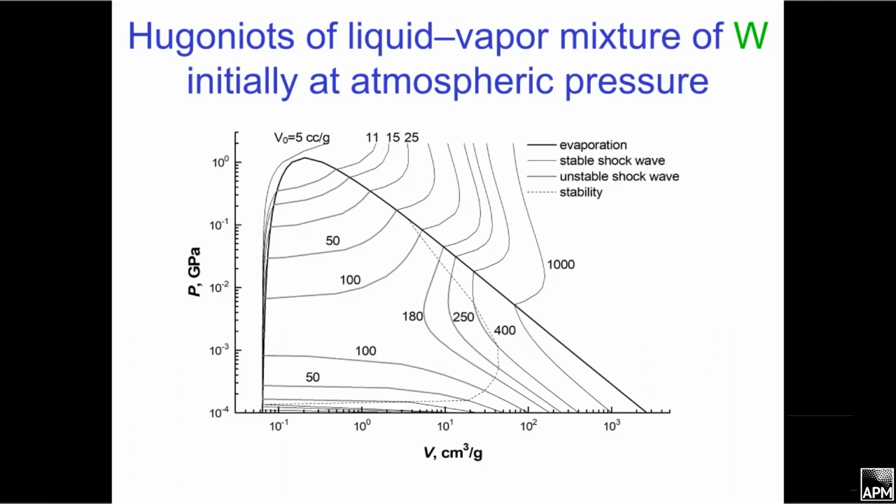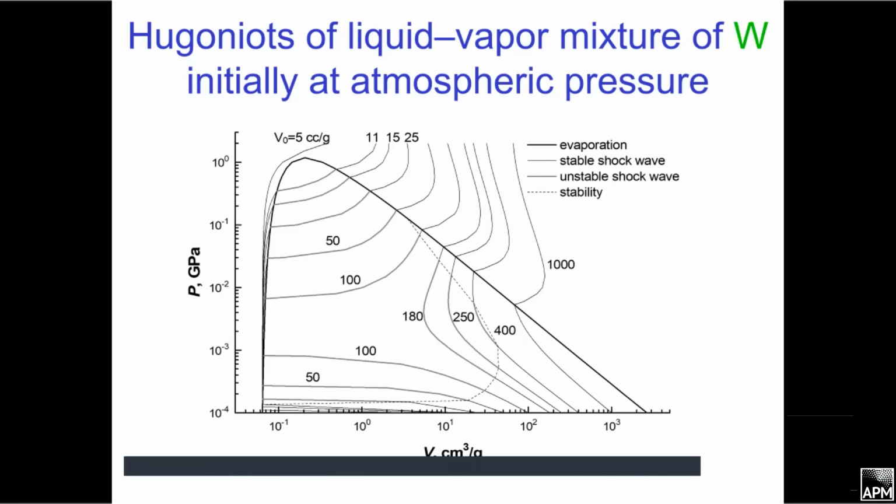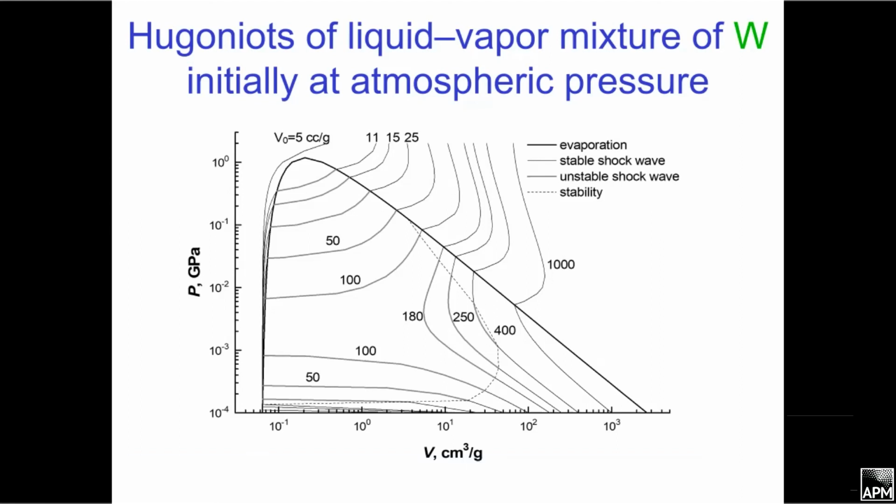And some results of calculations of shock adiabats of liquid and vapor mixtures. Inside the region of evaporation, this solid line is the boundary of the liquid-vapor domain for a material, tungsten for example, pressure versus specific volume.